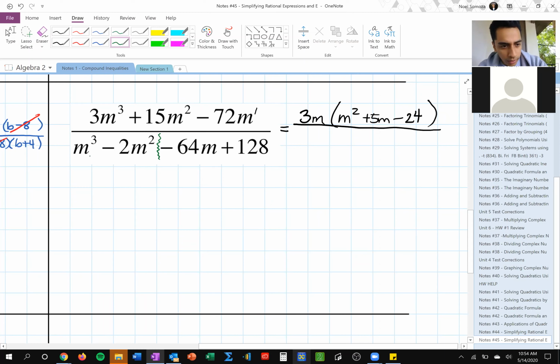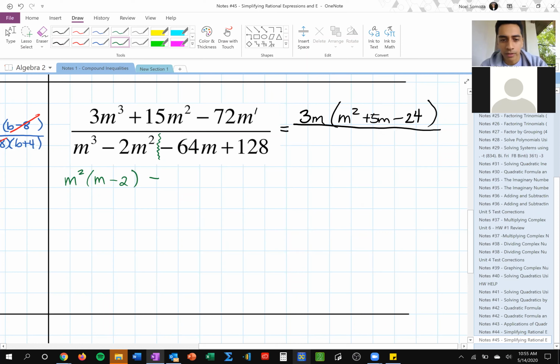So with the first 2 terms, they both have m in common, and they both go up to m squared at least. So then we can factor out m squared. Okay, that's going to leave us with m minus 2. On the other side, we're looking to factor something out as well. Because it's a leading coefficient that's negative, we're going to factor out a negative. And then 64 and 128, 64 is actually the GCF there, okay? Because if you multiply 64 times 2, you get 128.